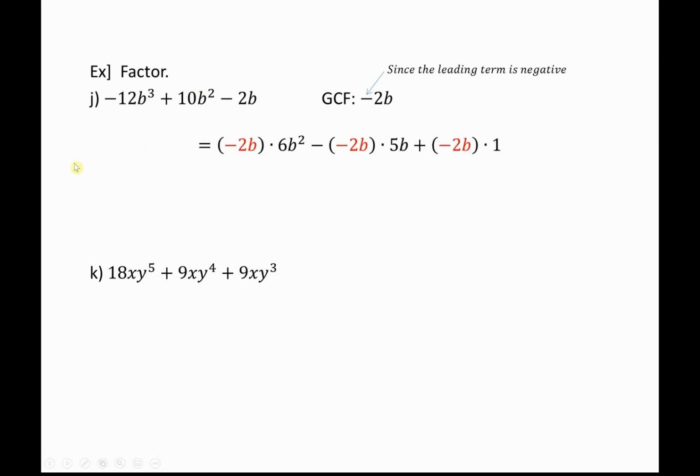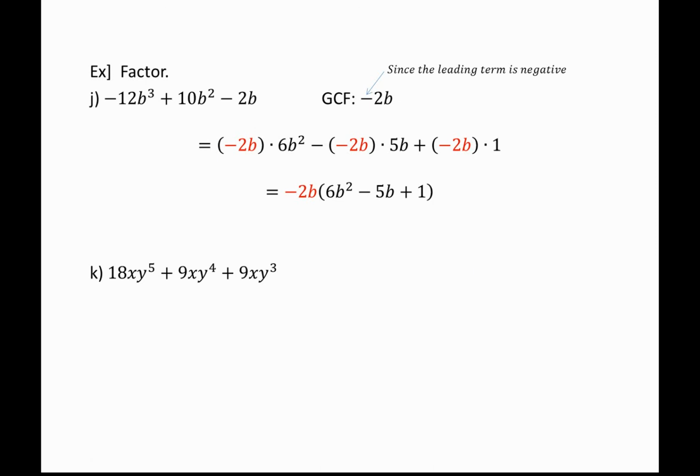Okay, so isolate that particular factor in each term, and then I use a raised dot here to still combine it multiplicatively with the remaining factors in each term. And remember, that last term is the entirety of the GCF, so make sure you're leaving behind a factor of 1, and then pull out that common factor of negative 2b, leaving the 6b squared, the subtracted off 5b, and the added 1 inside of the set of parentheses. And then you're set. All right, cool.